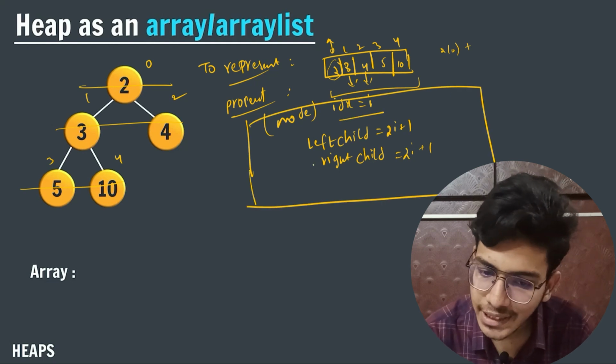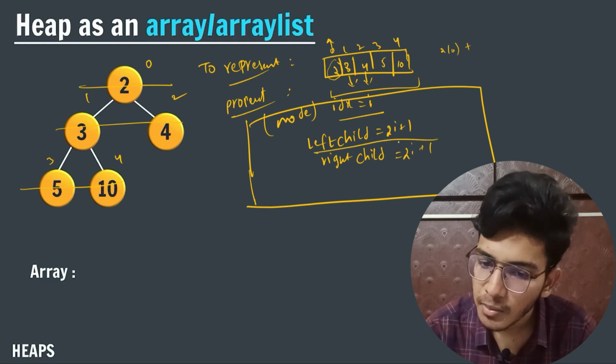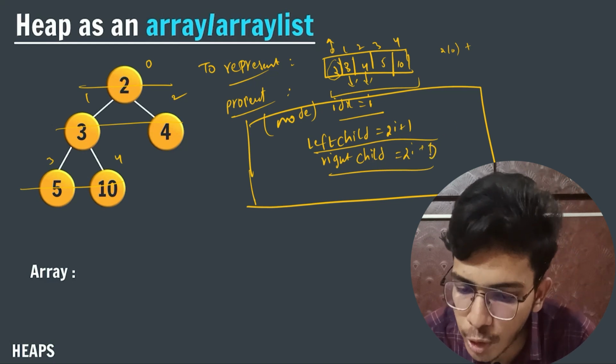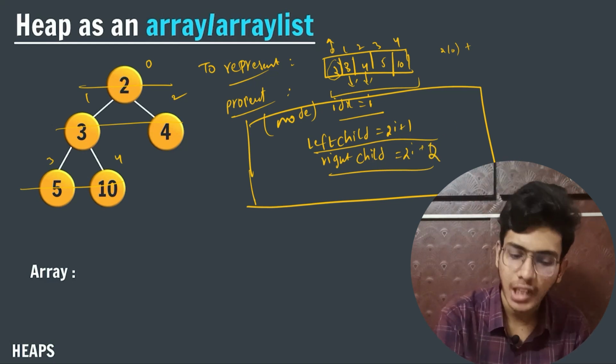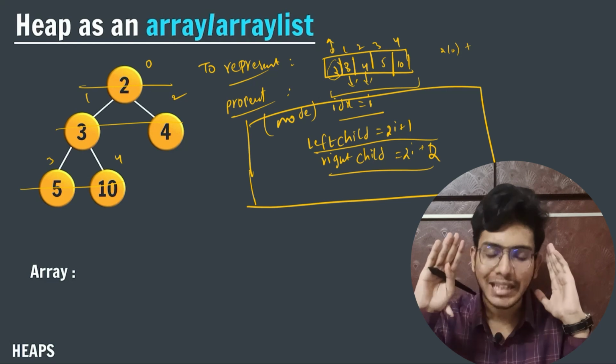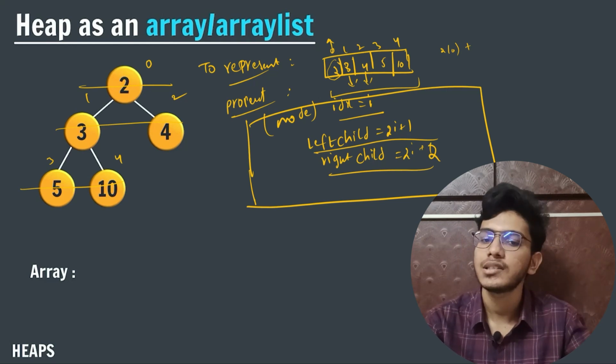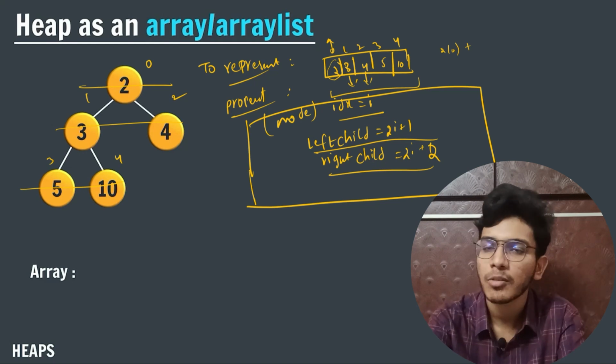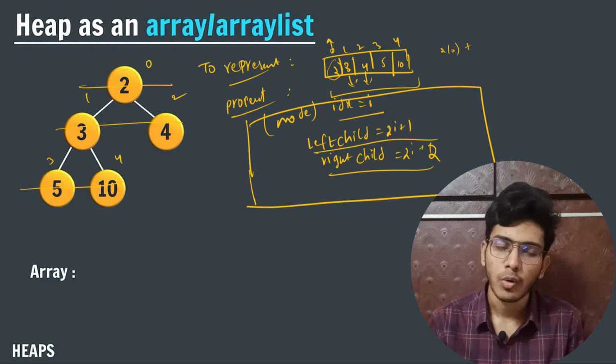If the index is i, then the left child index will become 2i plus 1, and right child index will become 2i plus 2. Okay, so this is how I will visualize a particular heap in my array list, and this is how I will iterate using this indexing property through my overall heap.